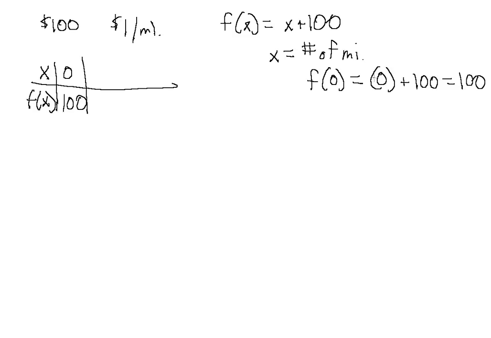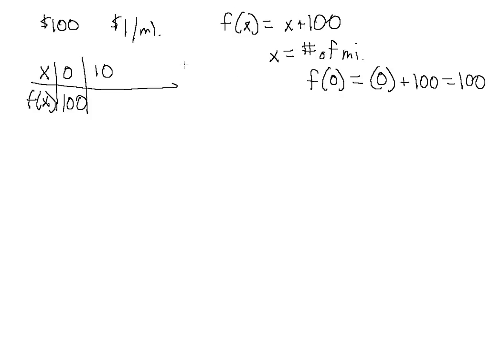Now this seems like a little more work than just doing it in our head, and that's just because of the simplicity of the example. But when we get into more complex functions and larger numbers, we will see that the function will save us lots and lots of time and work. So let's get in the habit of actually using this. Let's say Peter drives 10 miles. What we're looking for is f of 10.